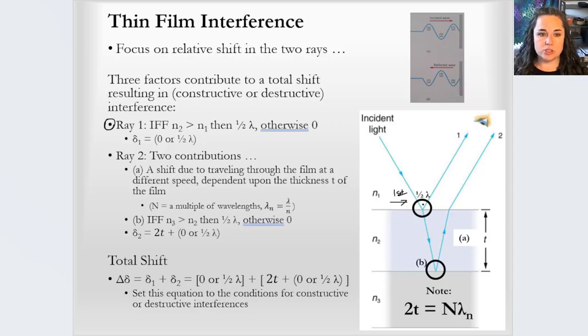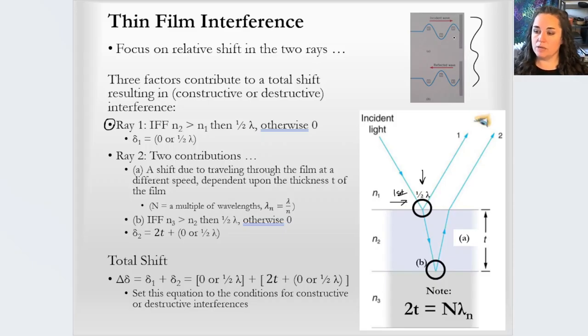If that N2, that second medium, is more dense than that first medium, then we're going to get a phase shift. We're going to see a shift of 180 degrees, which we call a half a wavelength. I have this picture up here. This is a mechanical, physical wave, if you think about a wave on a rope.